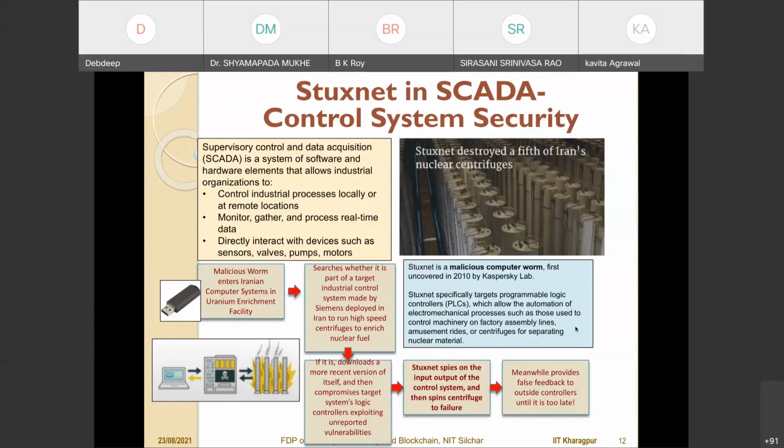This attack essentially targeted something called SCADA, or supervisory control and data acquisition, which is nothing but a system of software and hardware elements that works with your industrial cyber physical systems. Their objectives are to control the industrial process, monitor, gather, and process real-time data, and to directly interact with several actuators and devices like valves, pumps, and motors.